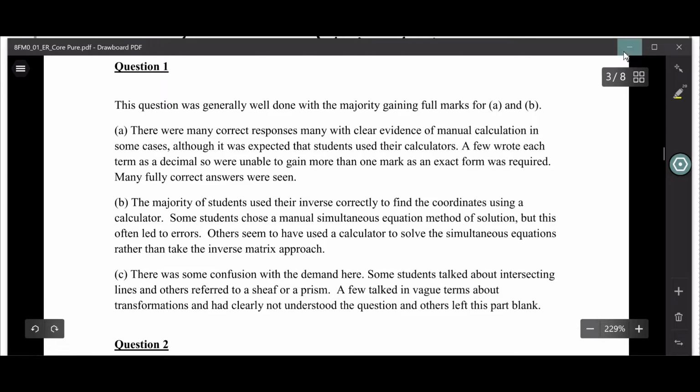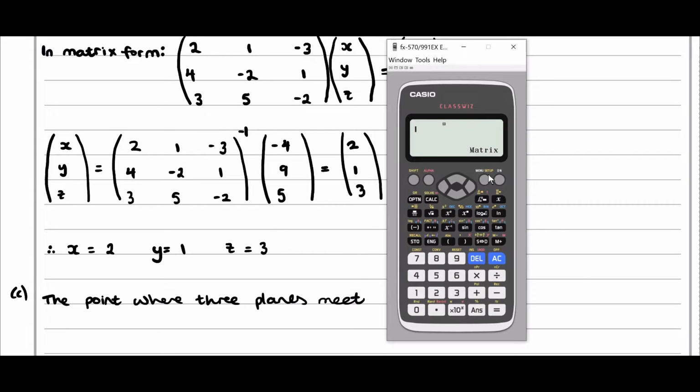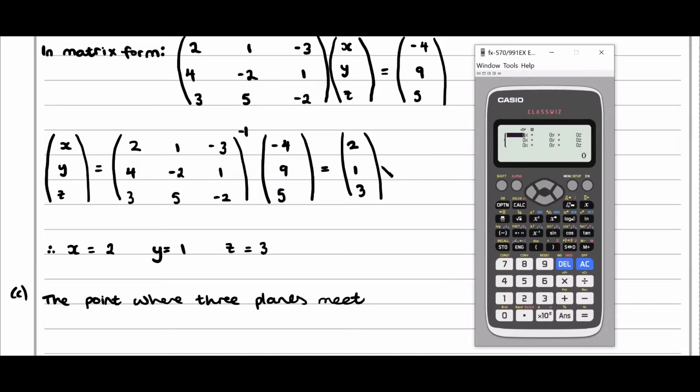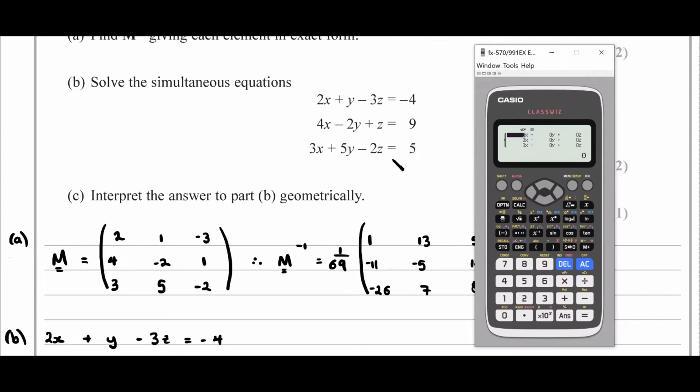So what we mean by that is, if you go to your calculator and then go to equations and functions, simultaneous equations with 3 unknowns, you can type in your simultaneous equations here. So we have 2, 1, minus 3, minus 4, 4, minus 2, 1, 9, 3, 5, minus 2, 5.